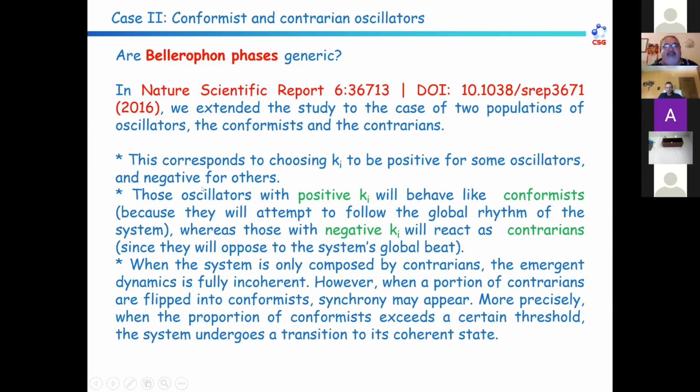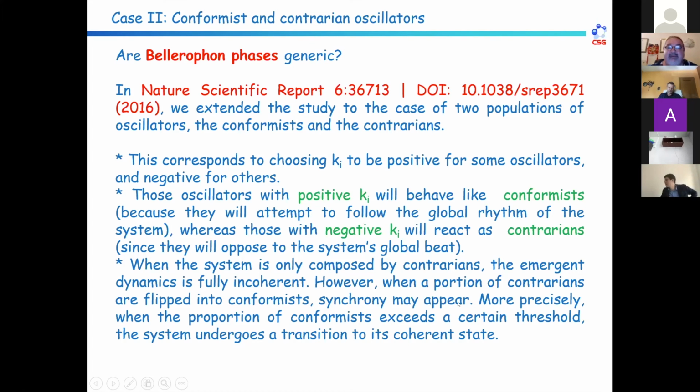So imagine that you have N oscillators, you have a fraction of them which are conformists, and a fraction of them which are contrarians. The oscillators with positive K will behave like conformists in the sense they will attempt to follow the global rhythm of the system, and those with negative K will react as contrarians in the sense they will oppose the mean field.